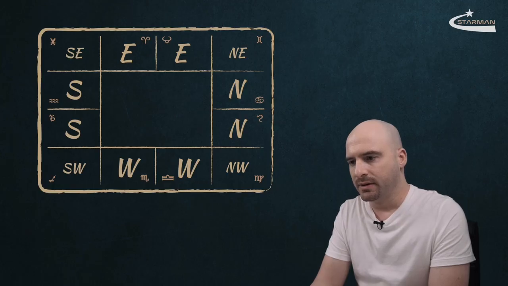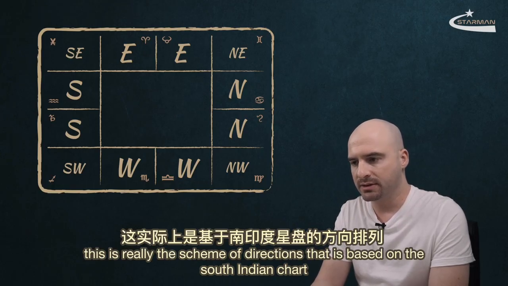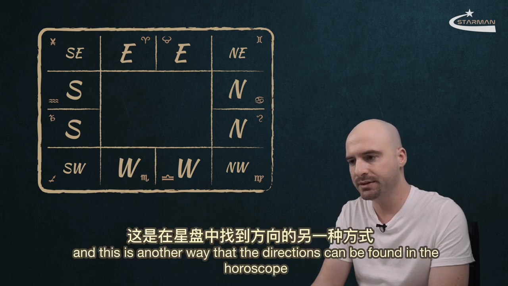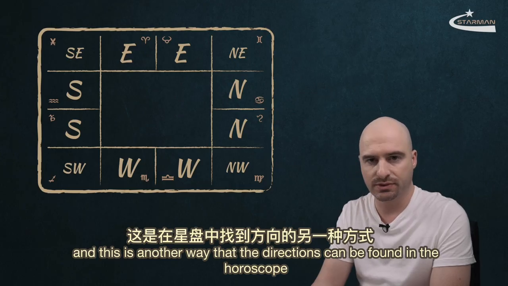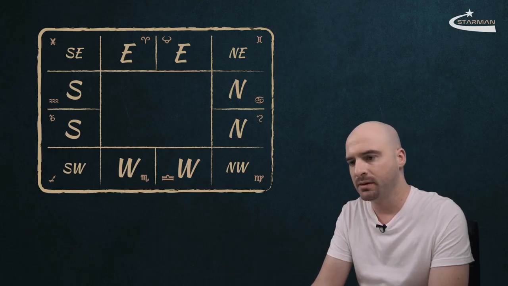okay? So this is, as I said, really the scheme of directions that is based on the South Indian chart. And this is another way that directions can be found in the horoscope.